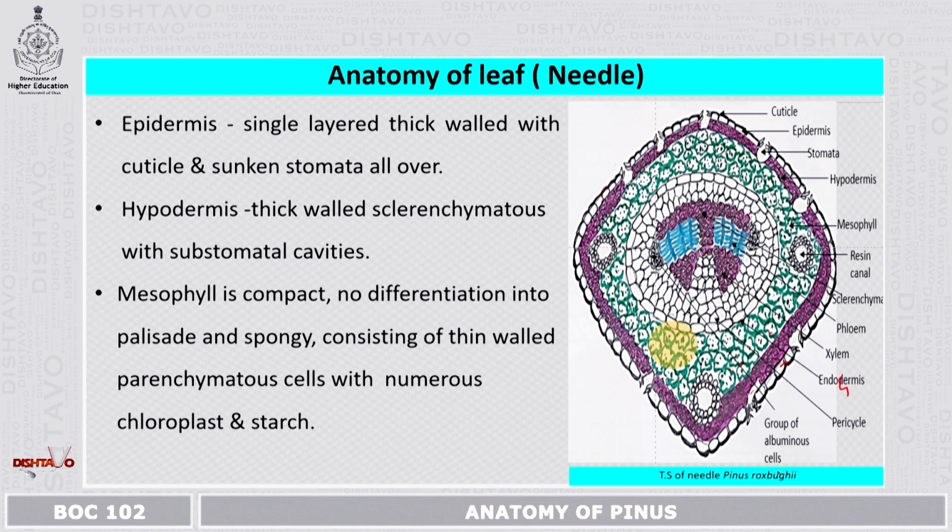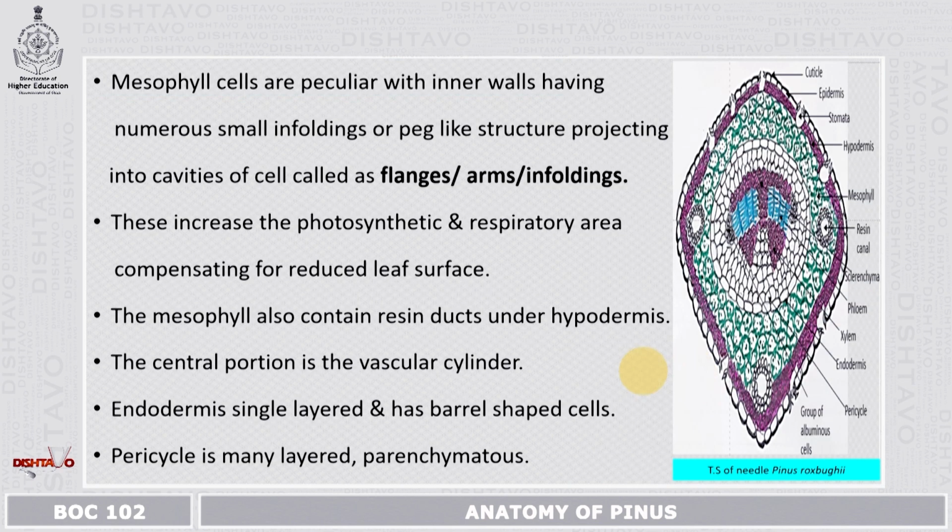So these are all thin-walled parenchymatous cells which are compactly arranged, with the presence of chloroplast and starch. The mesophyll cells are peculiar here. They are different from the other mesophyll cells that you will usually find. Here they have numerous small infoldings. They appear like a flower.